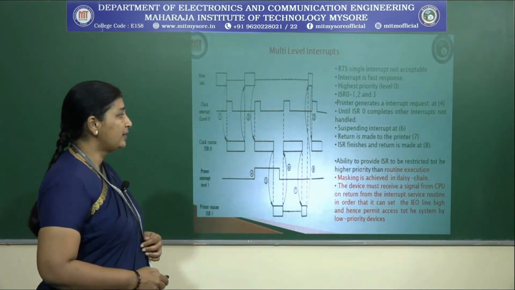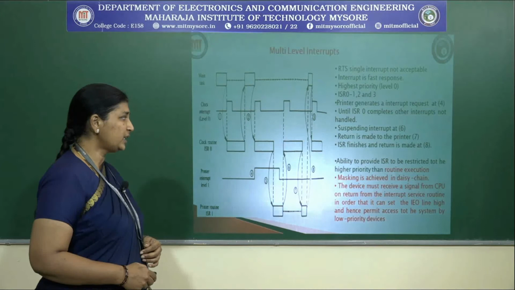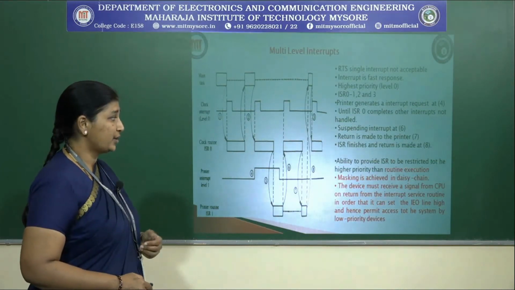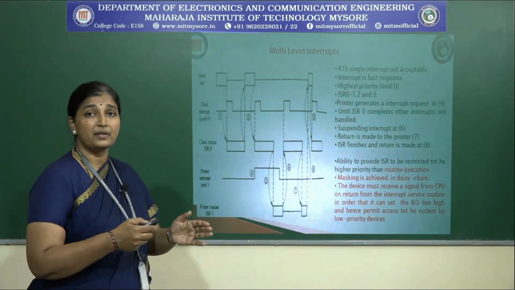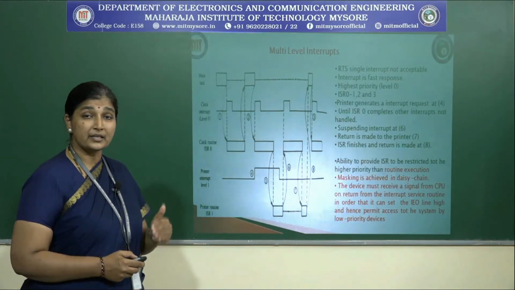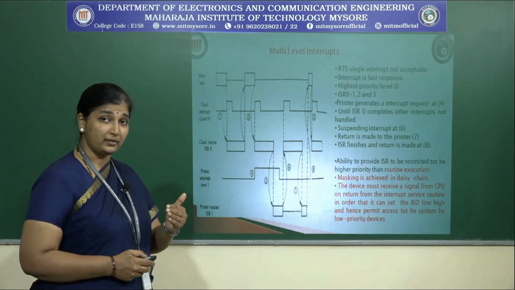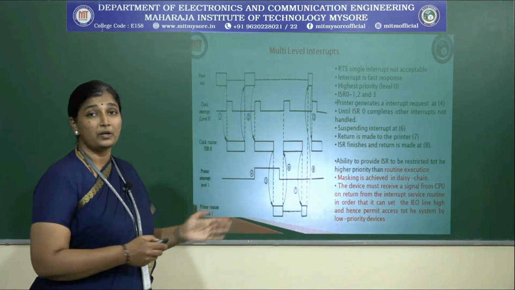So the ability to provide the ISR should be restricted to the high priority rather than routine execution. Instead of having routine execution of level 0 being completed, there has to be a priority set to address the interrupt which has a higher priority, like that of a printer here, to be addressed first rather than the normal routine.